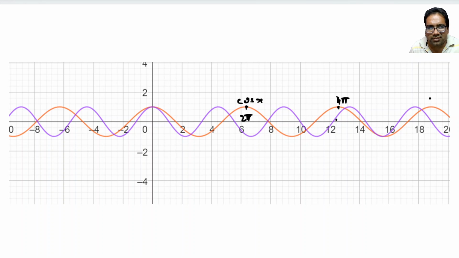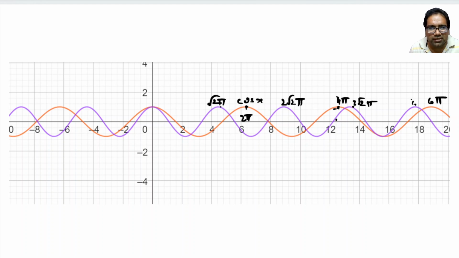Likewise, this is 6π, whatever. Okay. And this one is attaining maximum at √2π, then 2√2π, 3√2π, 4√2π, likewise.